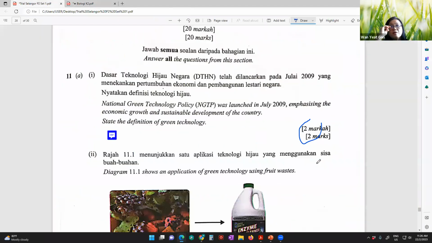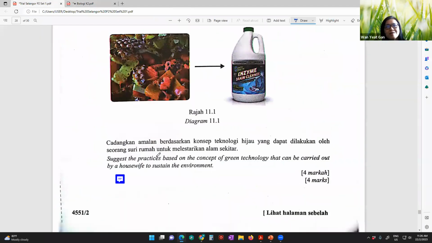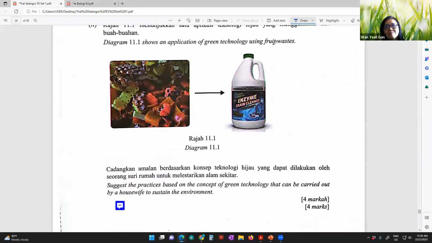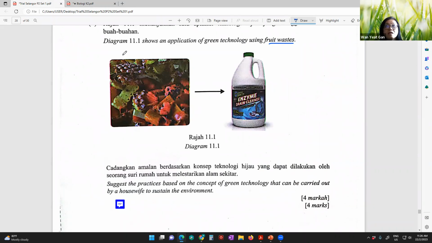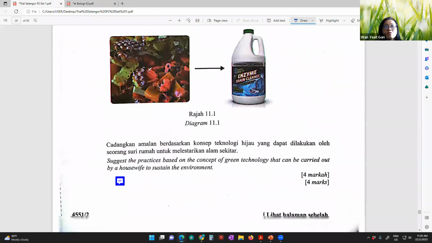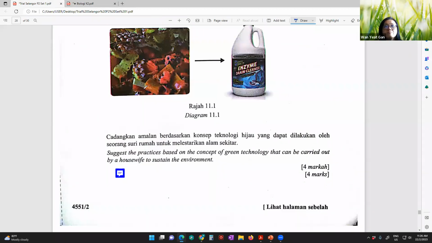Now the diagram here shows application of green technology by using food waste. Here is some fruit waste that is being changed into an enzyme for cleaning. Here they ask you to suggest practices based on green technology that can be carried out by a housewife to sustain the environment. So here you can produce eco-enzyme from the food waste as a cleaning agent.